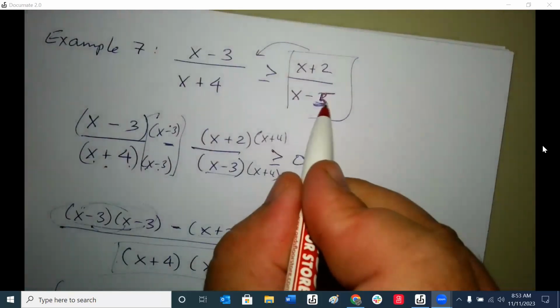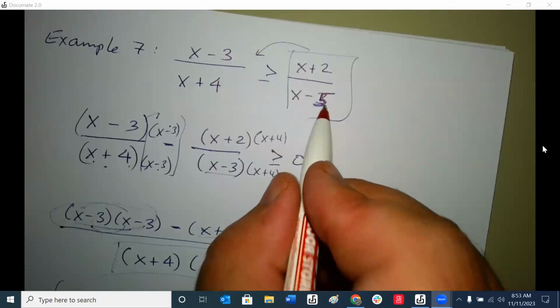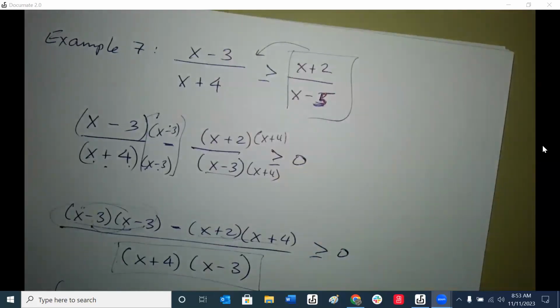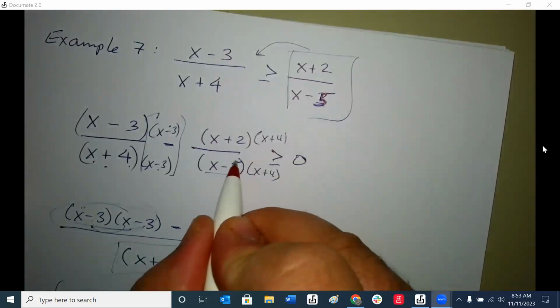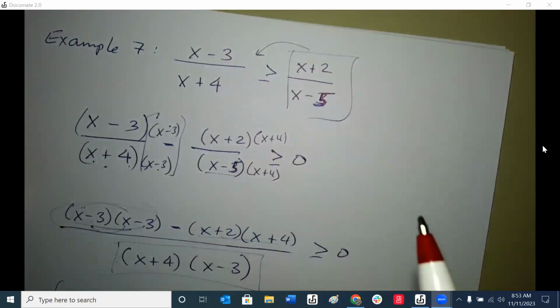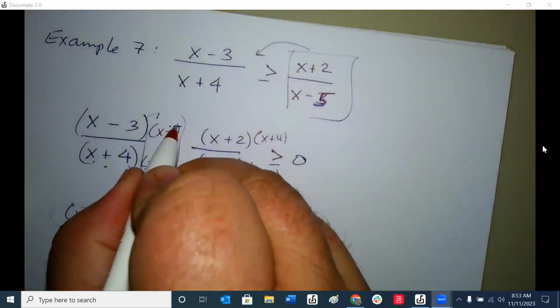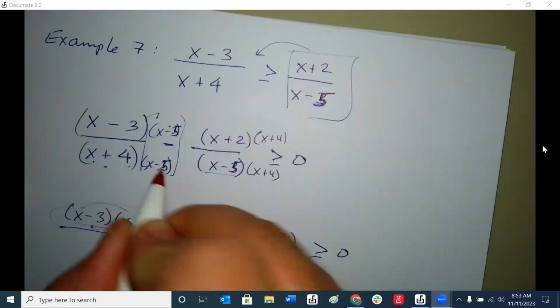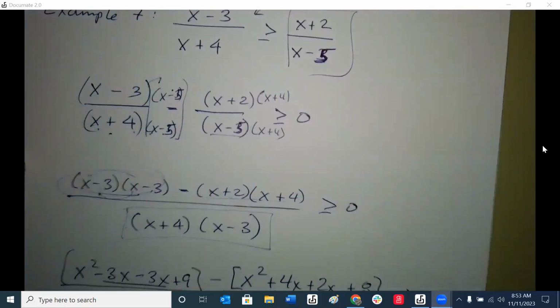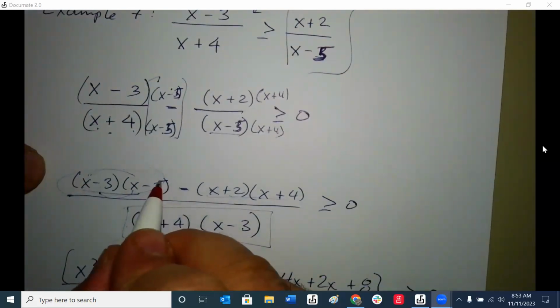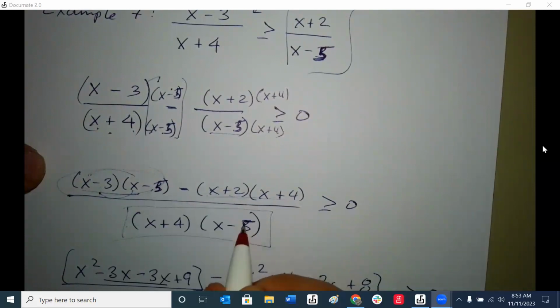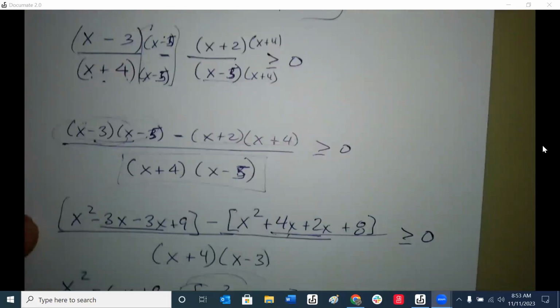That number is supposed to be a 5. So this is a 5. So it needs an x minus 5 over x minus 5, x minus 5, x minus 5.